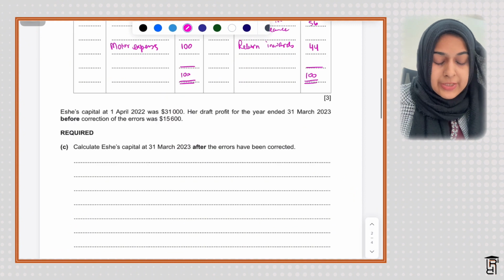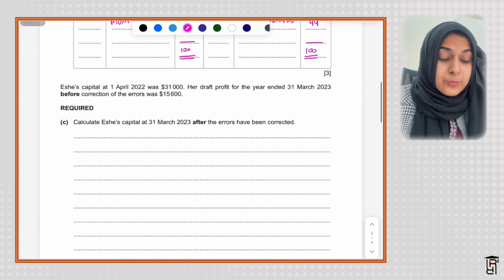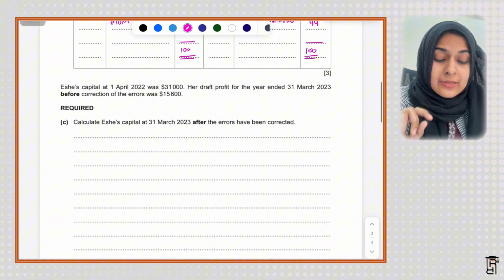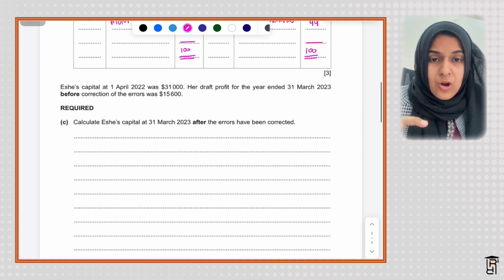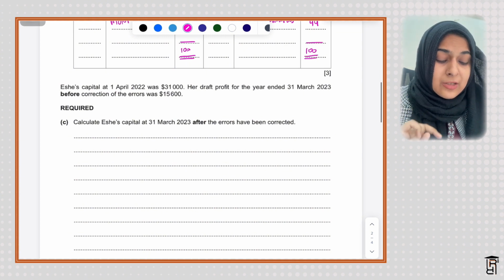In the last part, in part C, they're asking you to actually correct, basically find the ending capital. So whenever you need to find the ending capital, they've given you opening capital here. They have given you profit. That is a wrong profit because it's before the correction of errors. So this is draft profit 15,600.